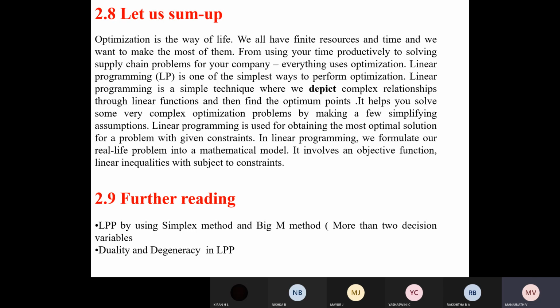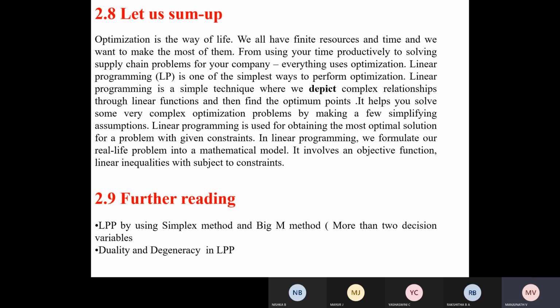Yashaswini, summarize LPP in 2 lines. Yashaswini, please, I need one answer from you. Hello. Yashaswini, you're there or not?